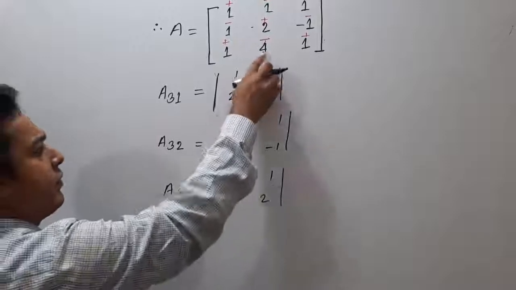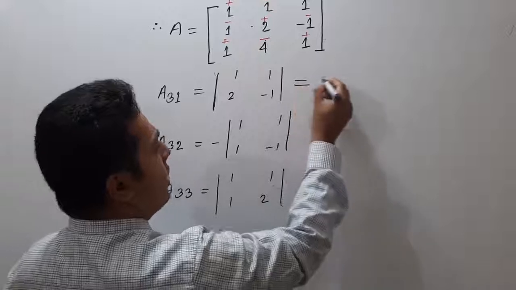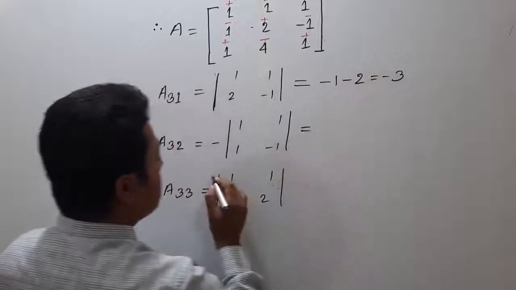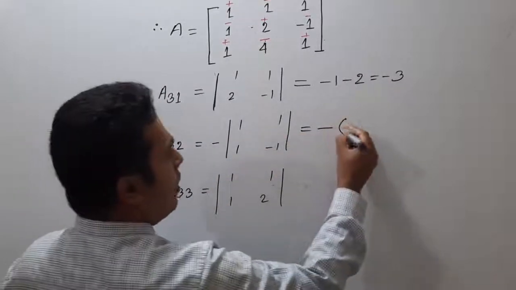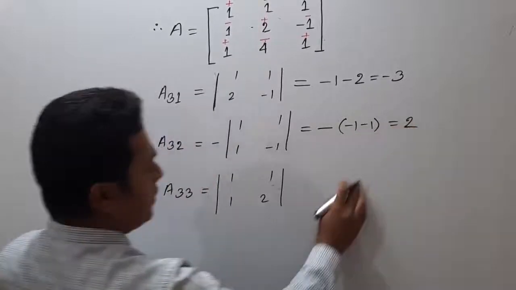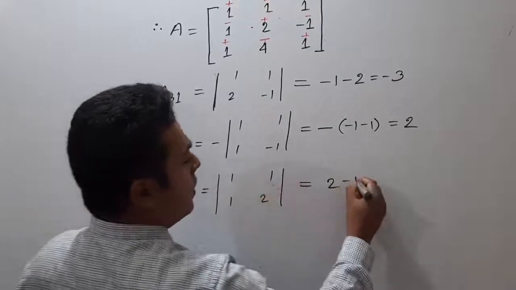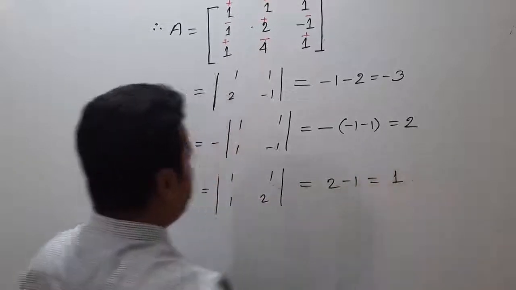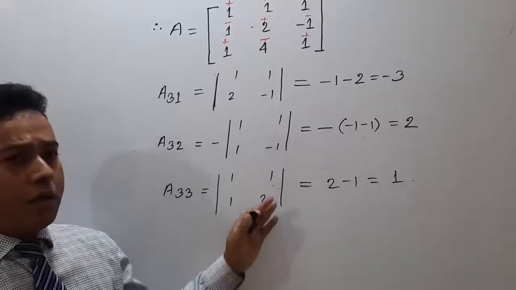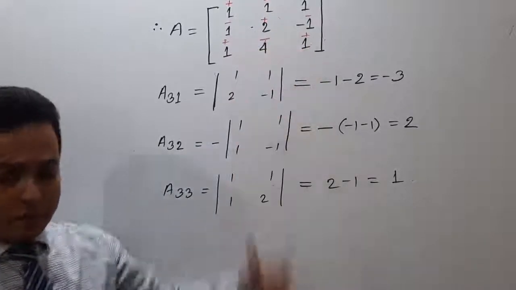Here this is equal to minus 1 and minus 2 is equal to minus 3, and this is minus 1 and minus 1, which is equal to 2. For this, 2 minus 1 is equal to 1. Already we have got all the cofactors of this matrix.